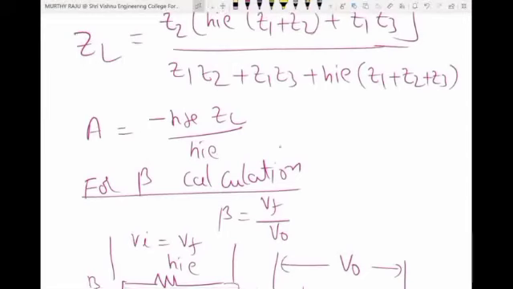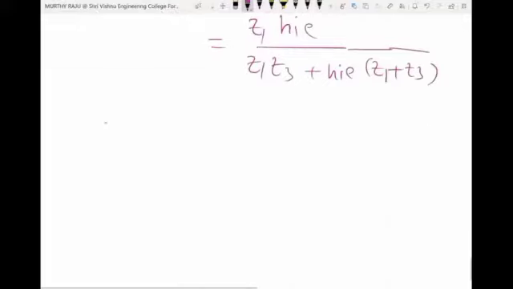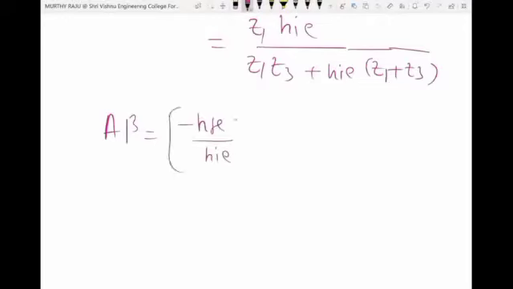The A value is minus HFE ZL by HIE. Here ZL is this expression. Finally, find out the loop gain value. A beta is equal to, A is minus HFE by HIE into ZL.